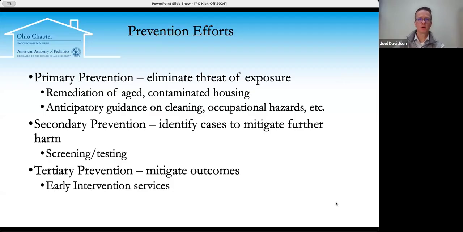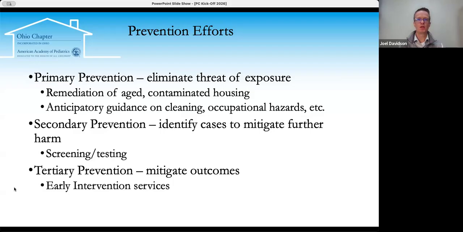Go to the next slide. So we're going to be talking about 3 different ways to think about prevention related to exposure of children to lead: primary prevention, secondary prevention, and tertiary prevention. So primary prevention are things that we're going to do to work on eliminating the threat of lead exposure for that child.